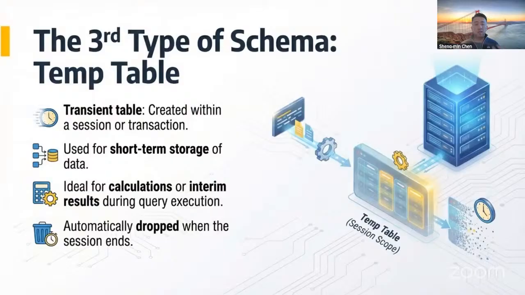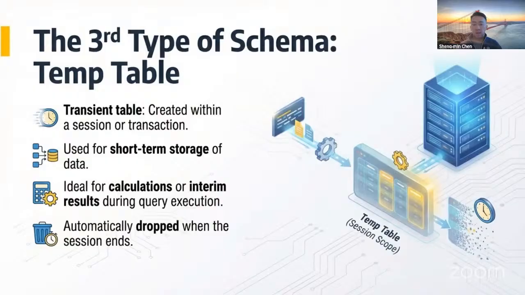Once it's done, kicking out of the for loop and returning that array out of the function, the array within the function will then be deleted, right? After it returns back to your main code, that function itself will be deleted. So this is one example of usage of a temporary table.